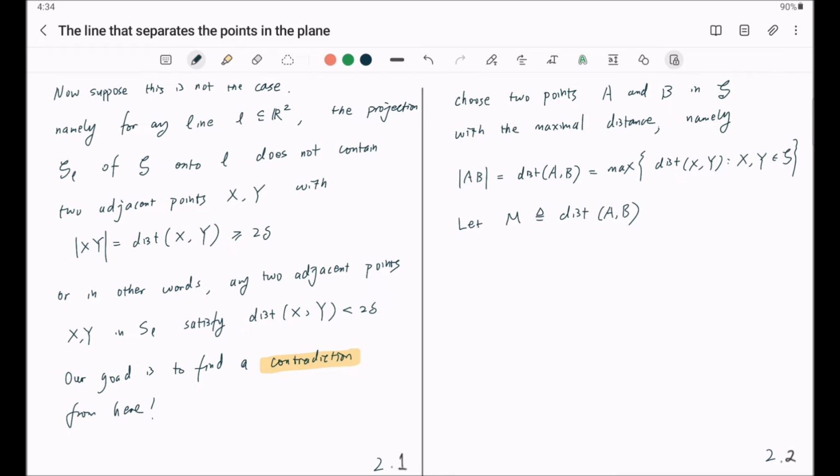By the assumption of the problem that every 2 points in S have distance to each other at least 1, we know that this M, which is the maximum distance, should of course be greater or equal to 1.